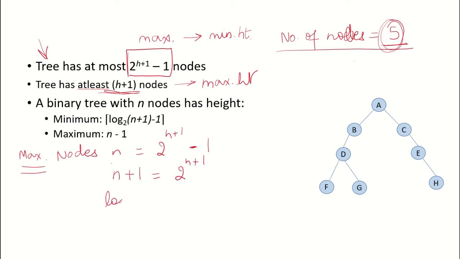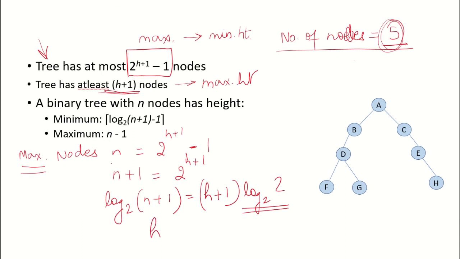Take log on both sides. So h would be equal to log of (n plus 1) minus 1, and this is going to result in a float value. So we are going to take the ceiling of it.